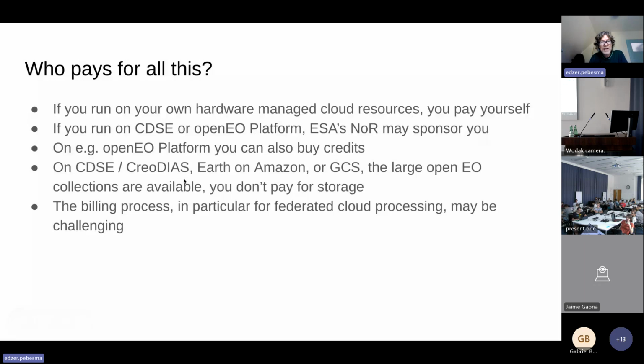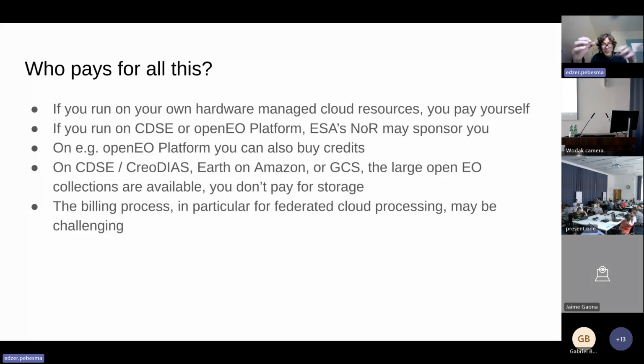It is important to know that on these systems, the data are available there, right? The multi-petabyte, very large data collections are available, and you actually don't pay for the storage. The storage is very expensive, but you're not paying for that storage. The billing process, in particular for federated cloud processing, may be challenging, right?